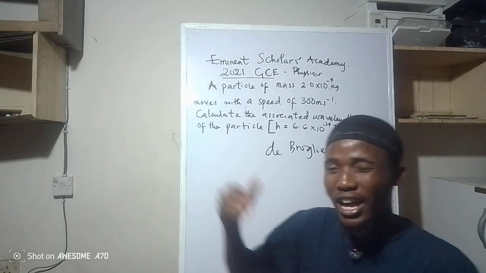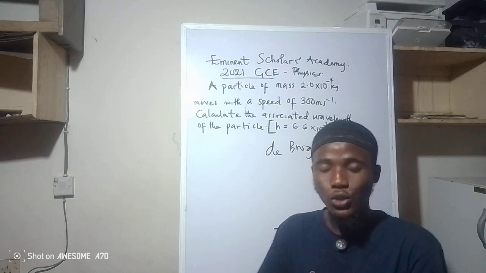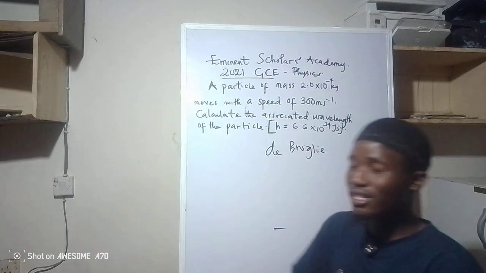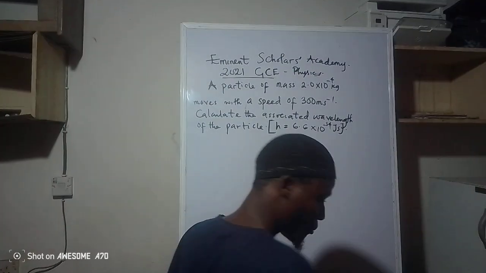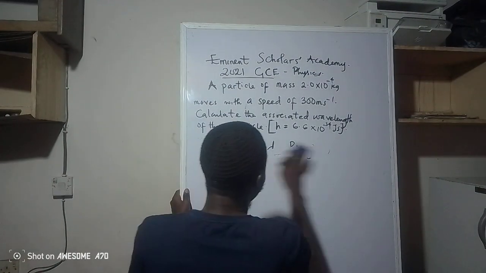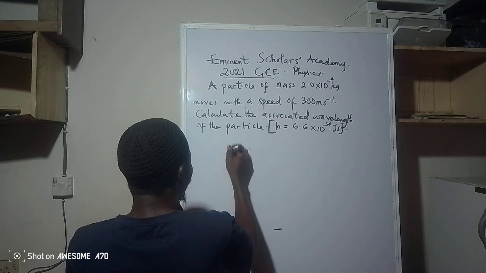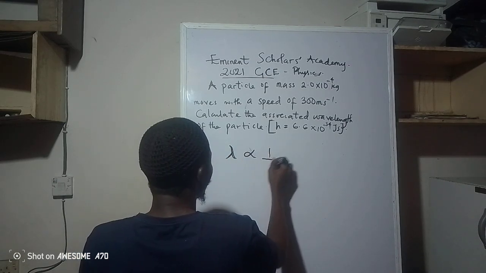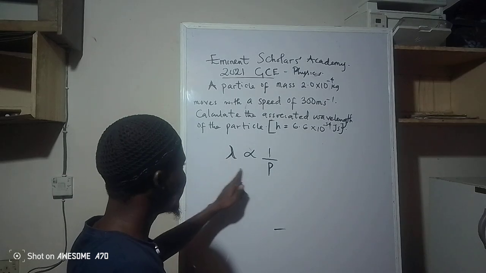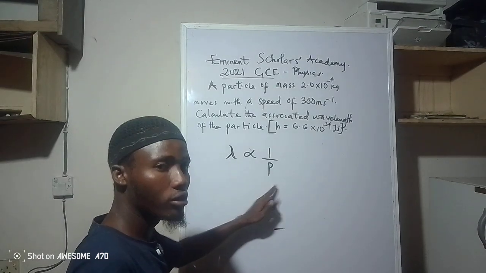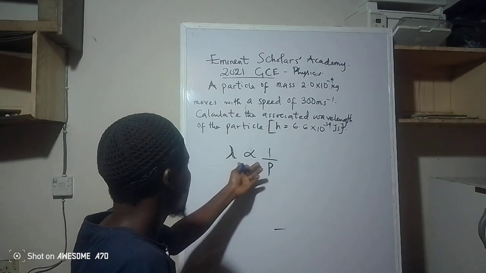In very simple terms, the de Broglie hypothesis says every moving particle will have an associated wavelength that is inversely proportional to its momentum. So this is the formula here. The moving particle here could be light, it could be a photon.